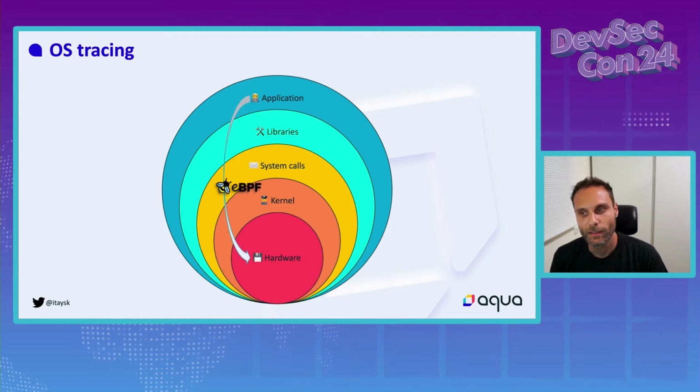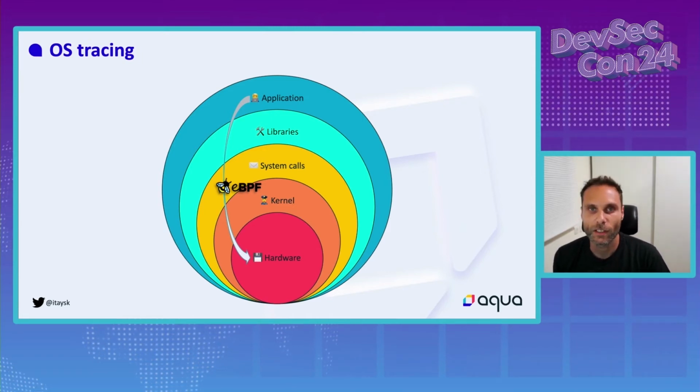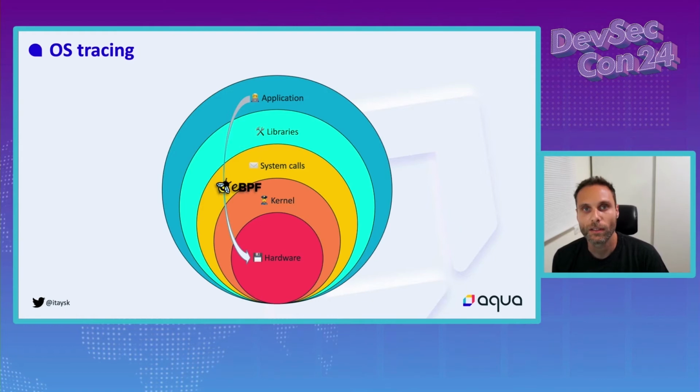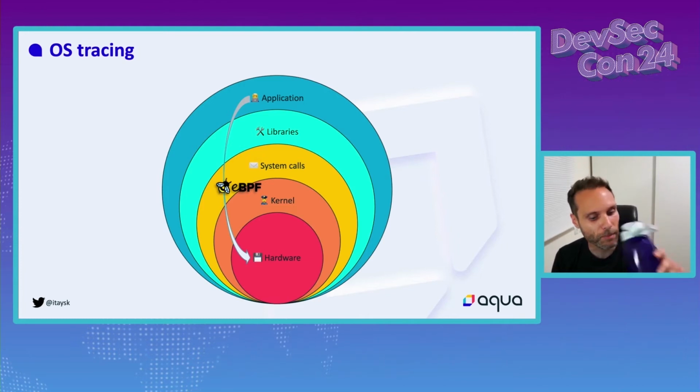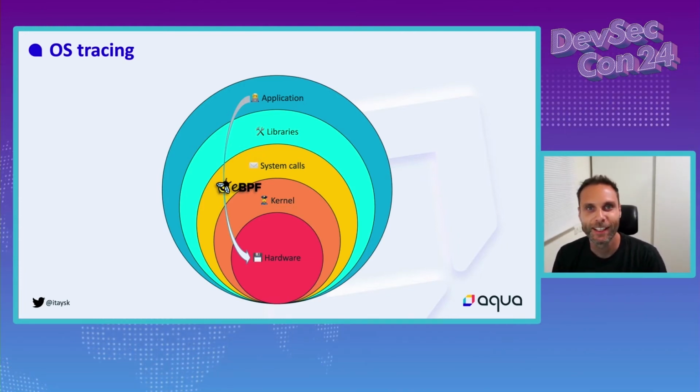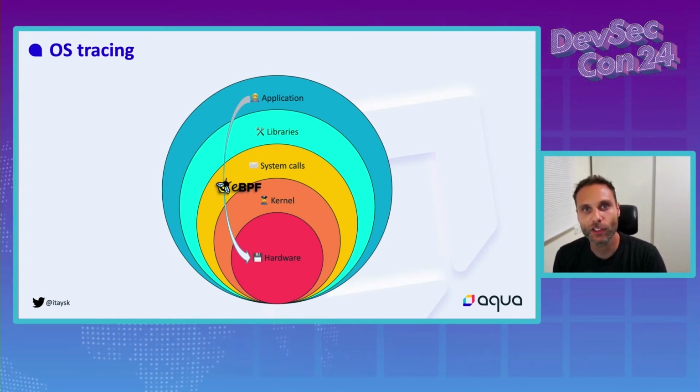But more than that, unlike other instrumentation technologies that let you just log the calls, in this case, we can actually run our own code at that point. And our code, by the way, runs in the kernel. So we have a lot of visibility into everything that happens at that point. We can collect additional information and provide a lot of contextual information around the raw event.